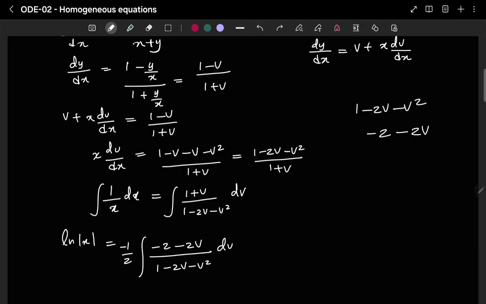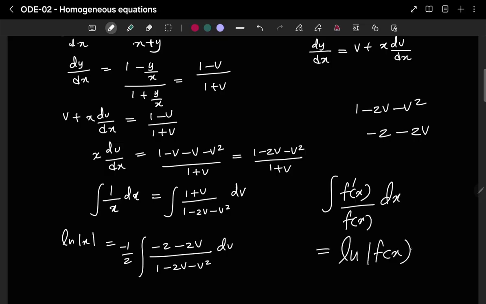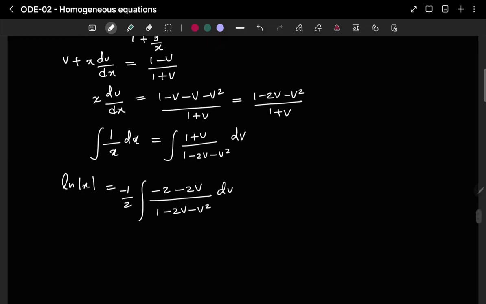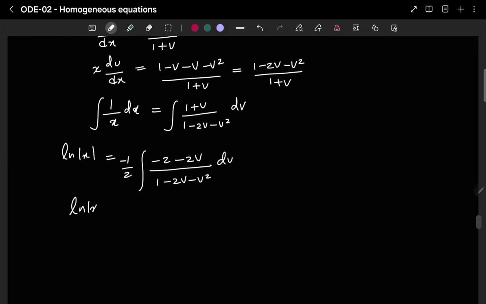For this one there is a method: the integral of f dash x over fx dx is ln fx. So we are using that one here. Then we get ln x equals minus half ln 1 minus 2v minus v squared plus c.